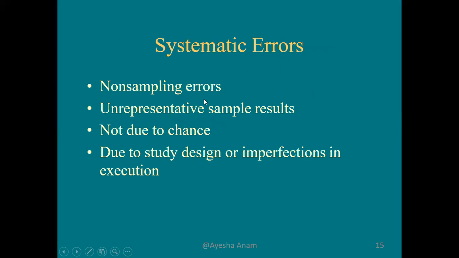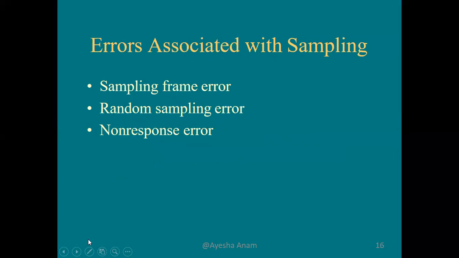Systematic errors. These are non-sampling errors, unrepresentative sample results, not due to chance, but due to study design or imperfections in the execution. So there are systematic errors also, not because of the sample size, but due to the study design and imperfections in the execution.